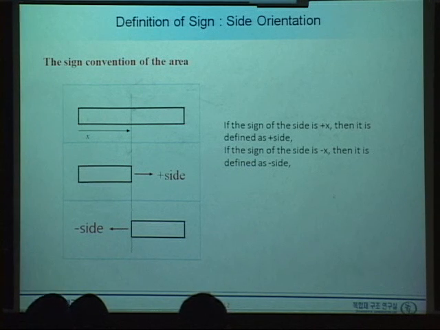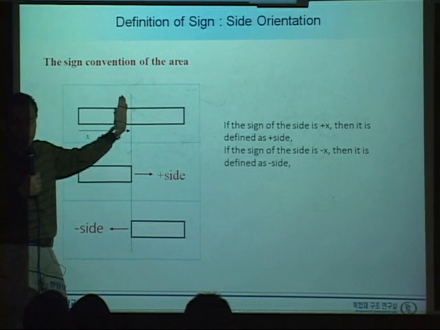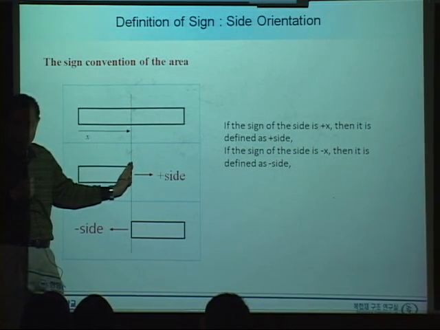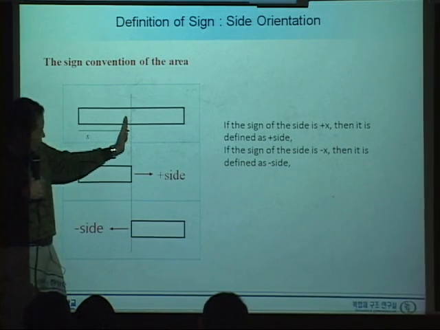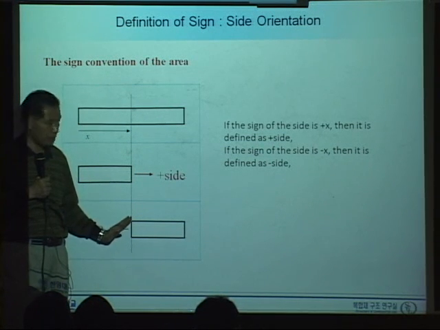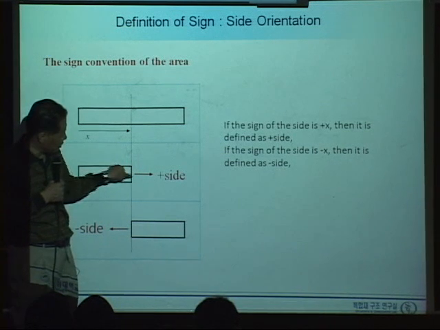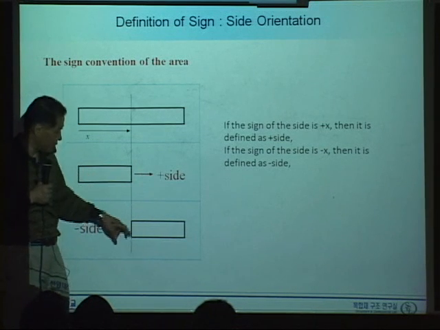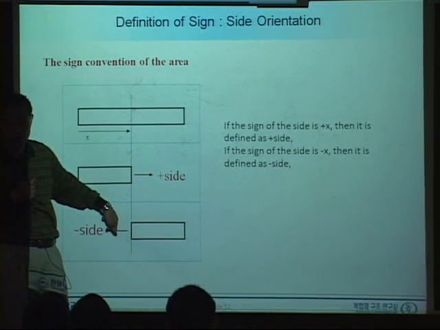Definition of a sign. Okay, this is the beam at a certain position x, and we have a cross section, and as we already defined, once we cut, we have two sections, two areas. This area has its normal facing the plus side, and this one has its normal direction on the negative side.